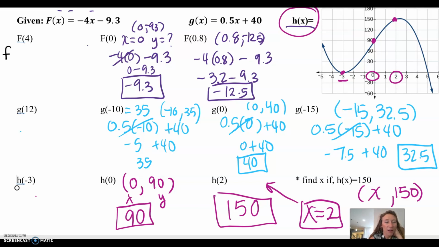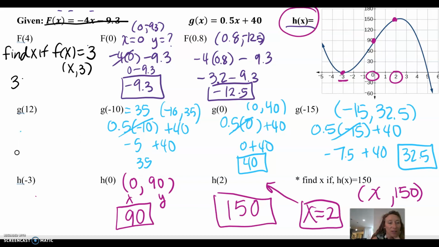Find x if f of x equals 3. So that is x comma 3, which means we have the y value. So in f, I'm going to say 3 equals negative 4x minus 9.3.